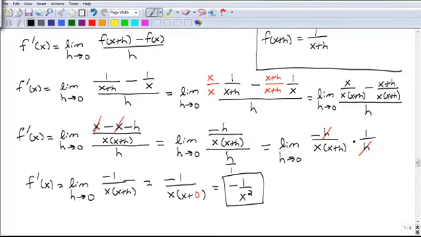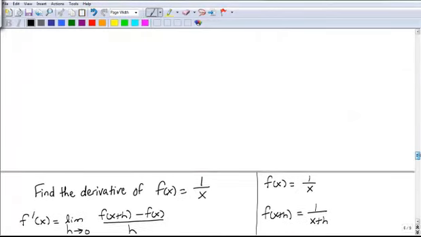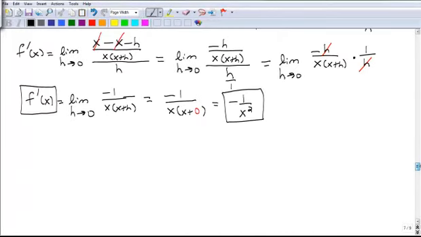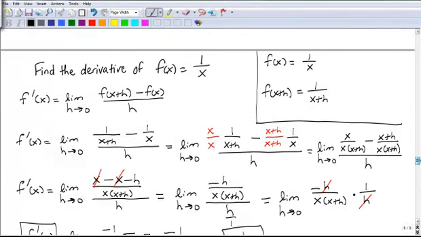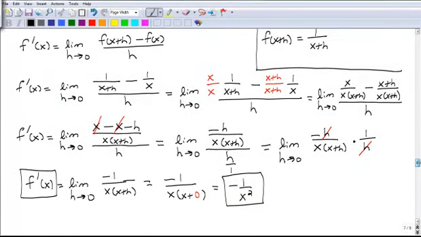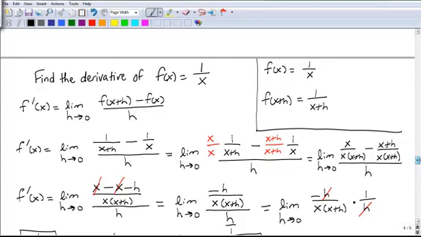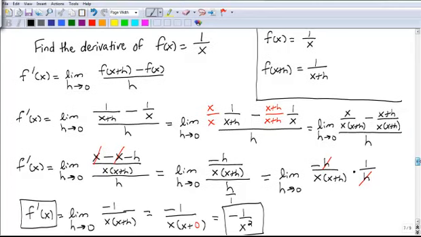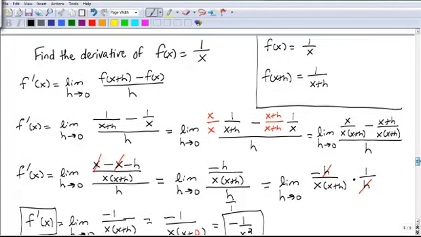And my derivative turns out to be negative 1 over x squared. So the slope of the tangent line to 1 over x is negative 1 over x squared. You tell me where you are on the x-axis, and I'll plug it into negative 1 over x squared to figure out the slope of the tangent line to 1 over x there. And again, it's a lot of algebra. We're trying to simplify these fractions by combining them.